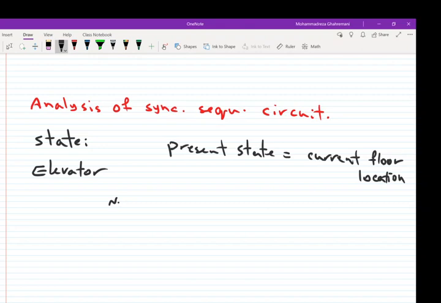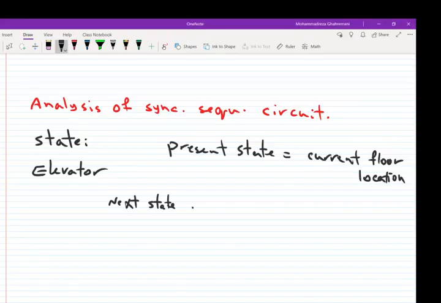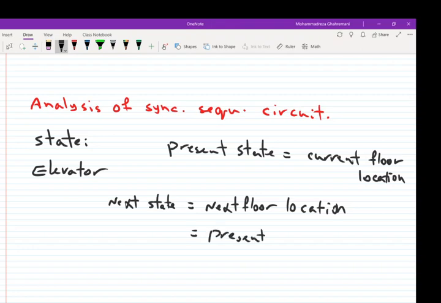What is the next state? Next state, of course, is the next floor location. Or we can say it's equal to present state plus input.